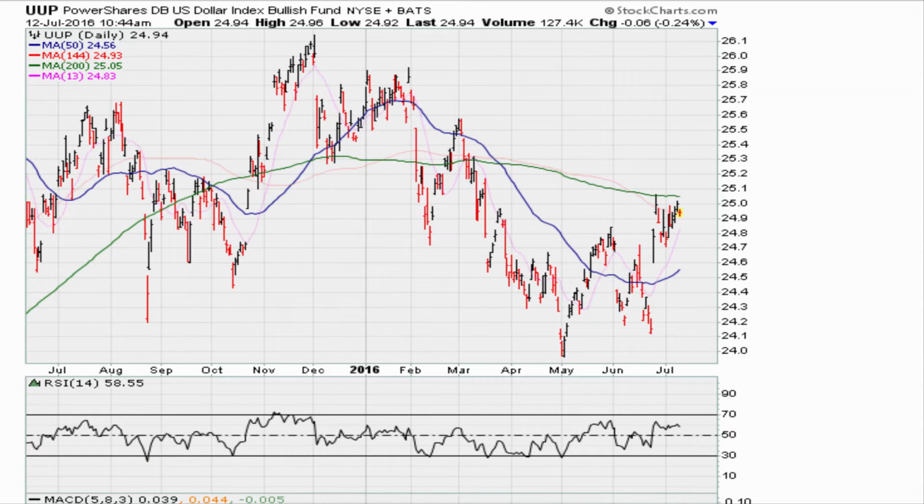You can see here, if we assume that right now the UUP is flat, this is the highest daily closing high during the period when the moving average was flat.